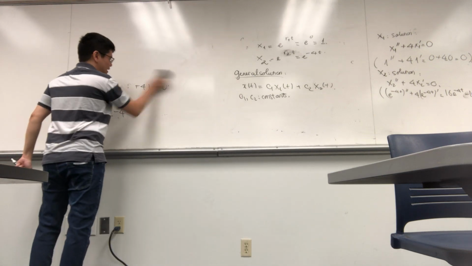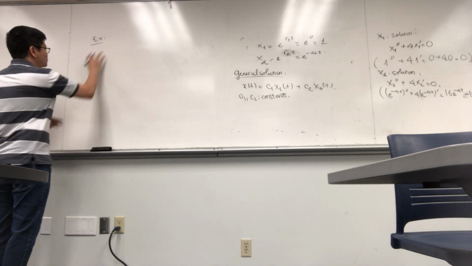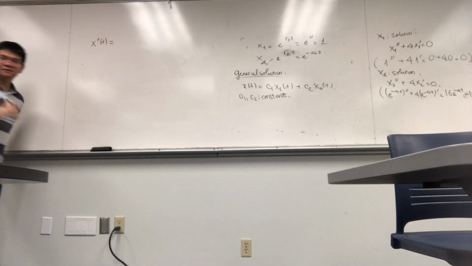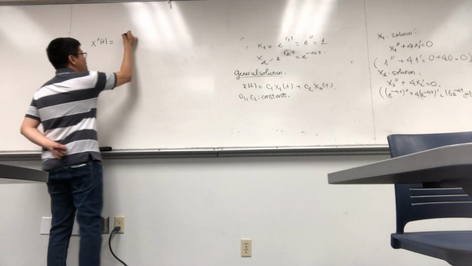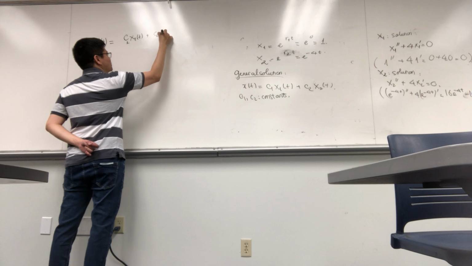So I'm going to consider this solution, right? So what is x second of t? x second of t will be the second derivative of c1 x1(t) plus c2 x2(t).